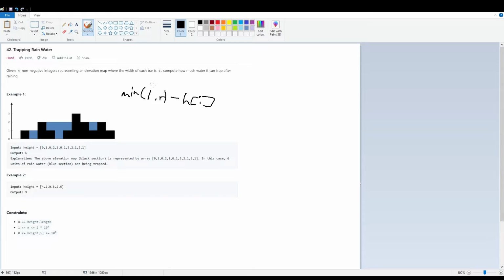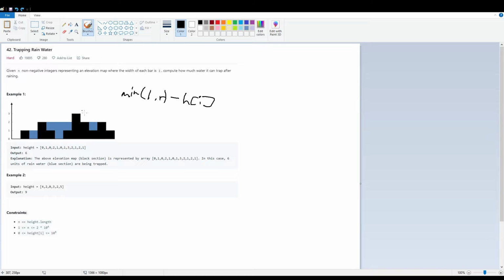So how can we solve this? Well, one brute force way is, for any position, like position 0 here, we can traverse the array to find the largest on the left side and the largest on the right side, get the minimum of those two, and subtract the height we're looking at.